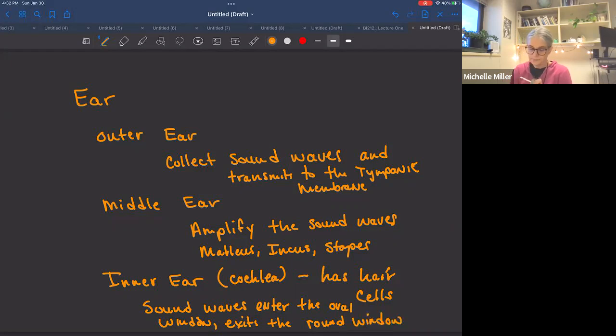Okay. The other thing that's important to emphasize here for medical reasons, I guess, is that this middle ear is connected to the back of the throat via the eustachian tube.